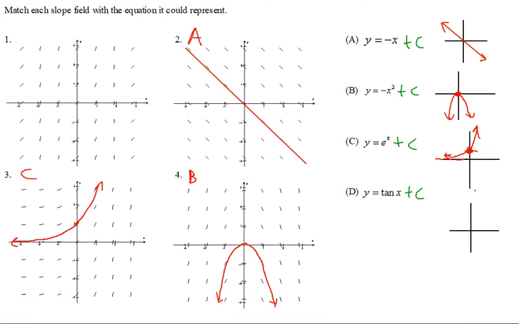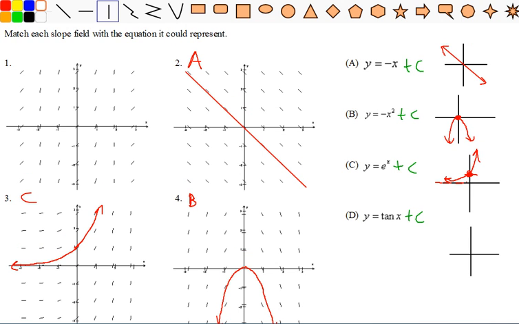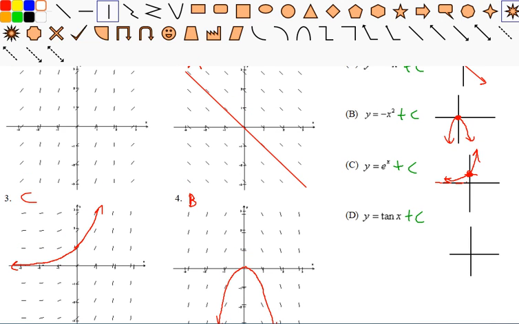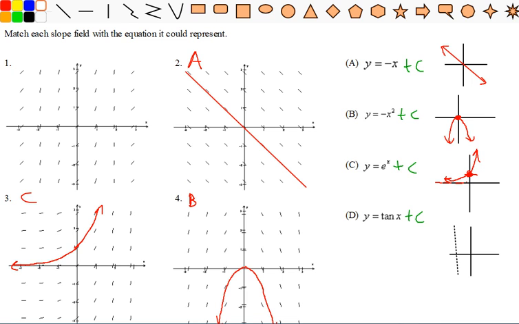Except it's got vertical asymptotes at negative pi over 2 and pi over 2. Because those are the places where cosine is 0, making tangent, since it's sine over cosine, undefined.